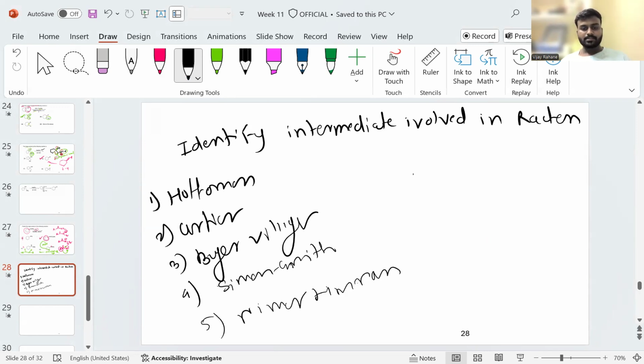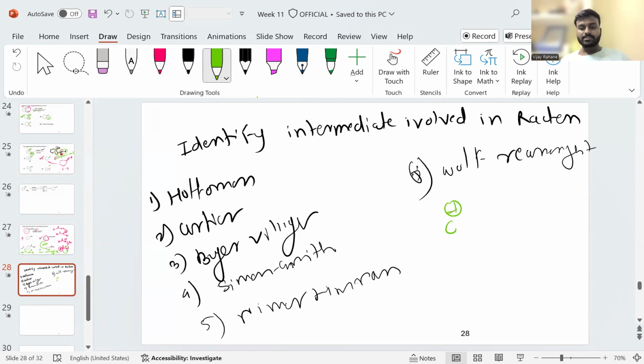Reimer-Tiemann. Then Wolff rearrangement. So in these reactions, is it a carbocation intermediate formation, or a carbene, nitrene, or carbanion? These sorts of intermediates are involved in these reactions.